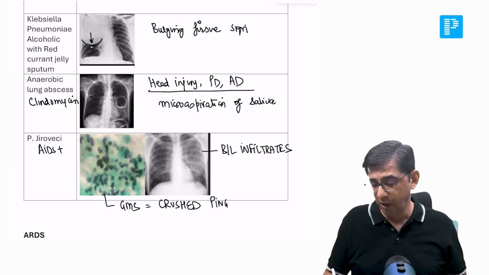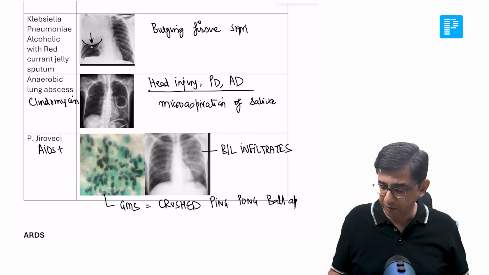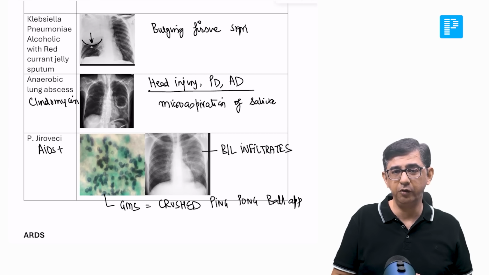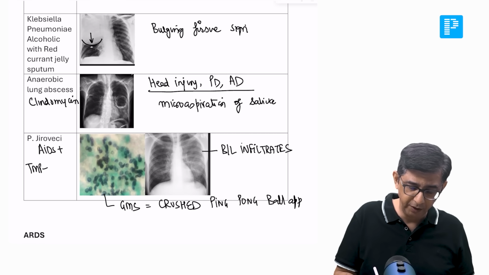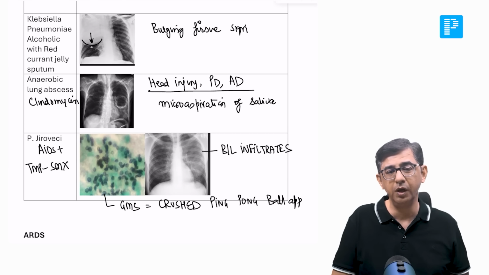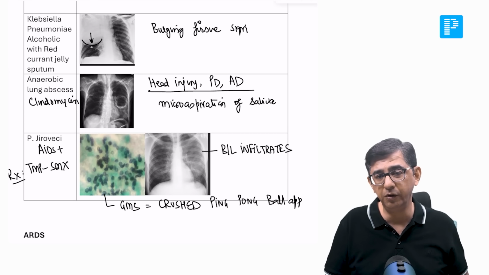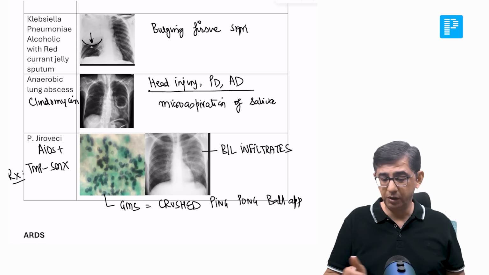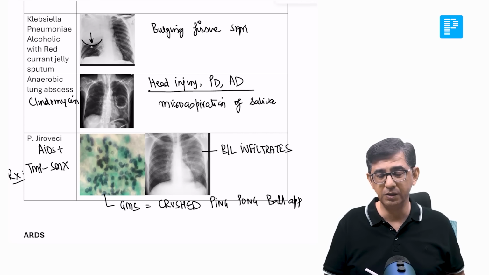Then you will say, okay, I'm dealing with Pneumocystis jirovecii, for which cotrimoxazole will be used for treatment, or instead of cotrimoxazole, you may write trimethoprim and sulfamethoxazole. But the point to be understood is that only if this information of bilateral infiltrates or crushed ping pong ball appearance is given would you be answering this. Otherwise, your answer would be pneumococcus.